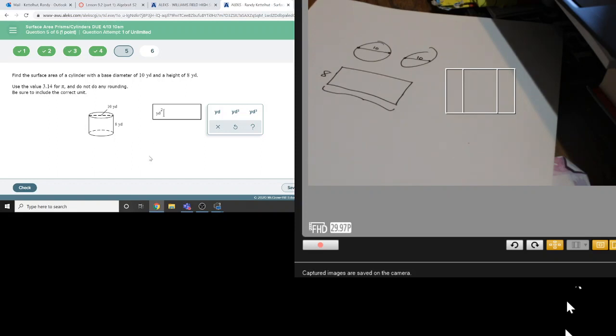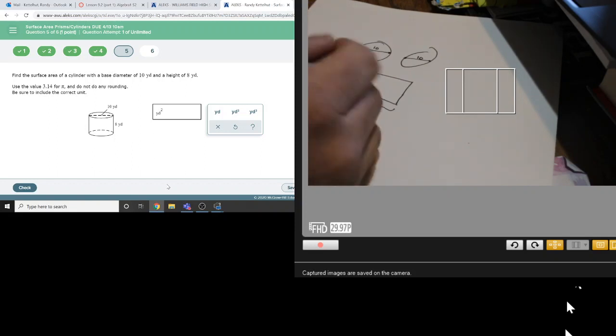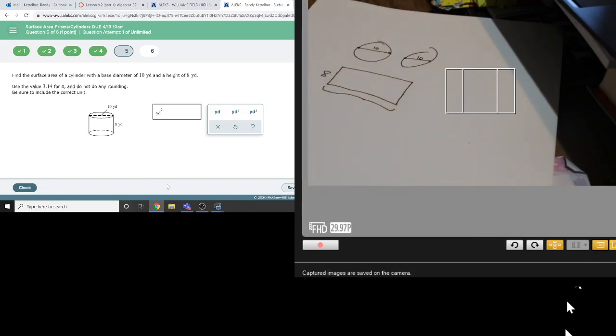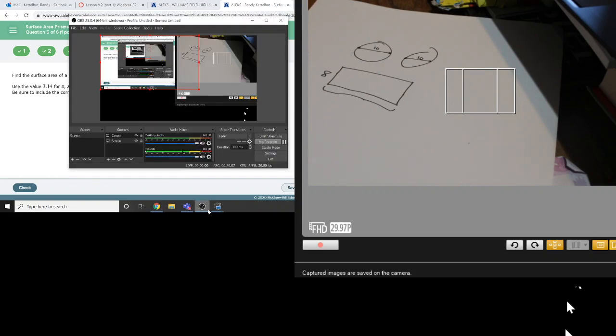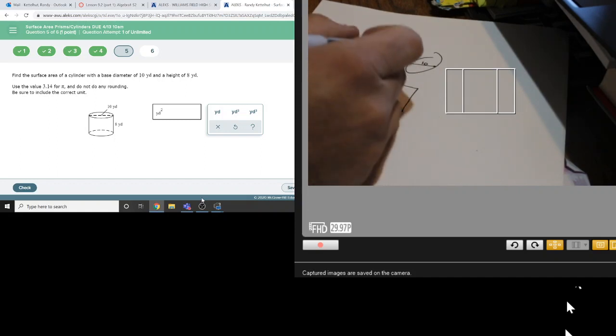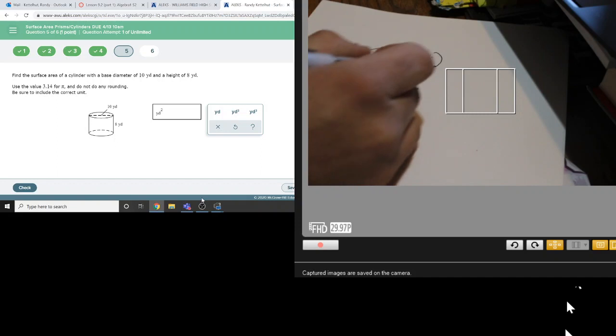Finding out the length of this rectangle is a little bit tough, but this rectangle, as you saw, will roll around the circle. So this length is going to be the same as the circumference of the circle.